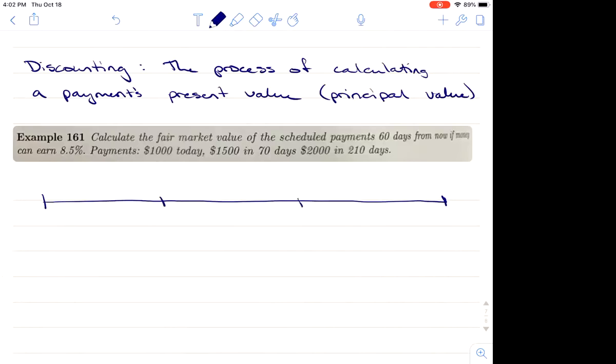Chronologically, we've got today, 60 days, 70 days, and 210 days.